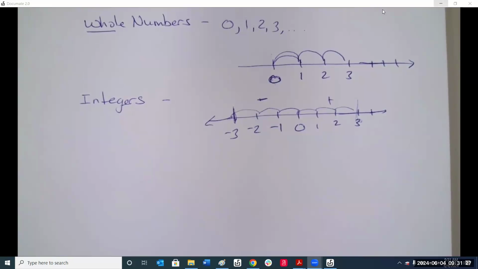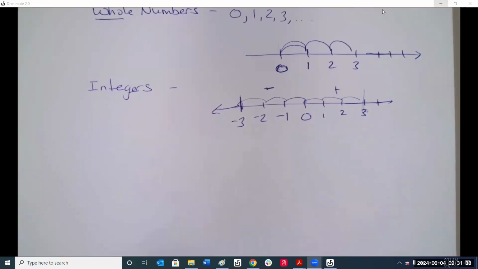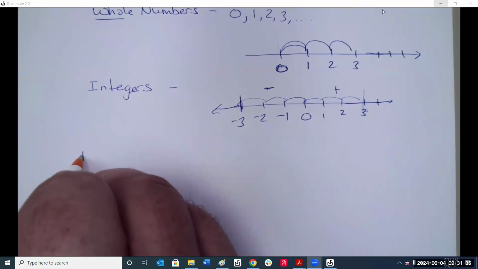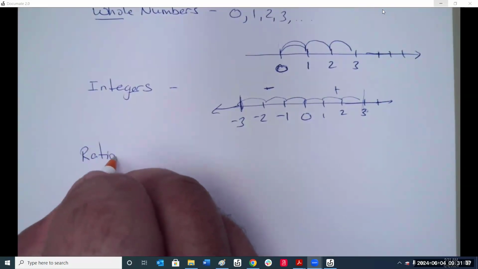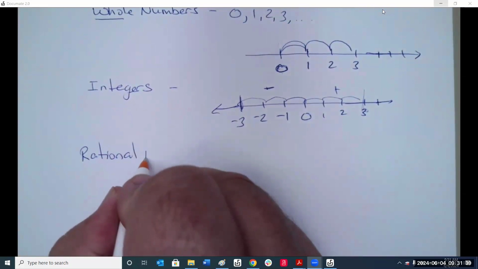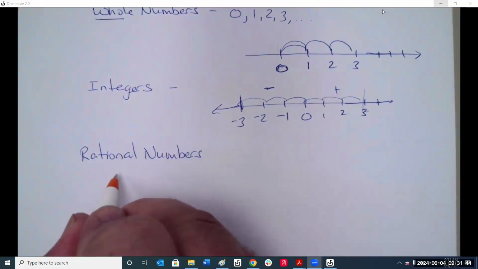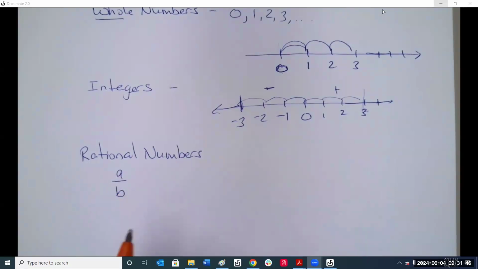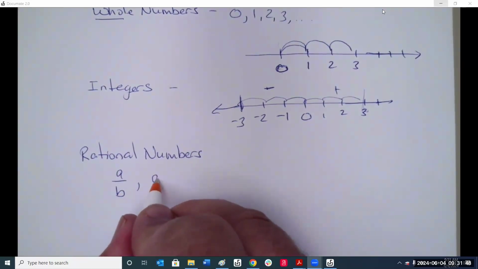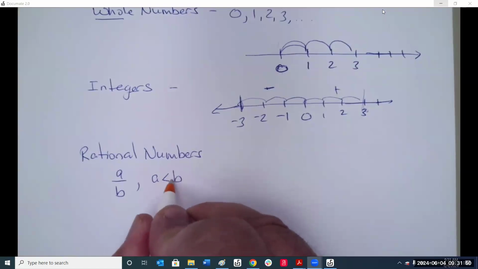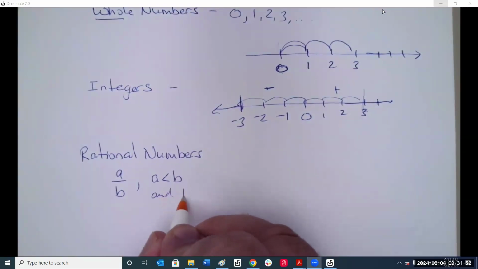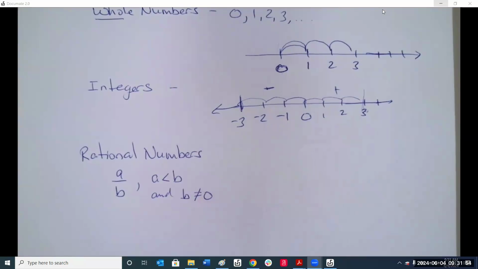What's the next thing you learn? Fractions. Rational numbers are fractions, where A is less than B and B does not equal 0.